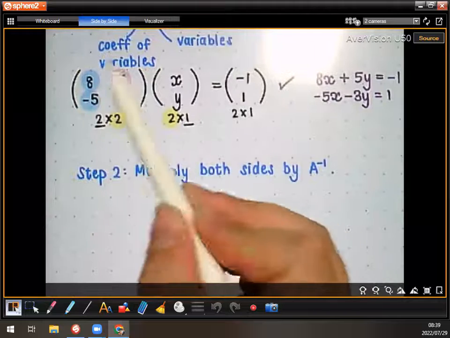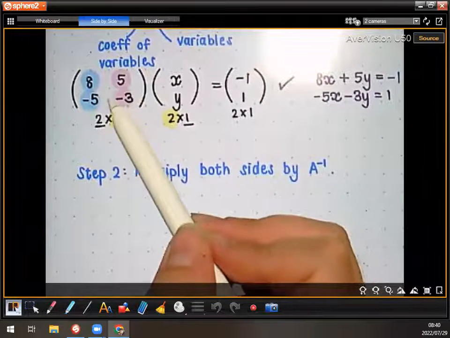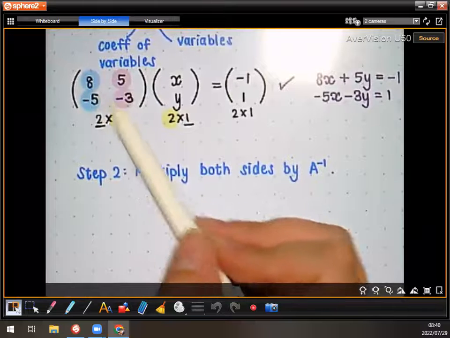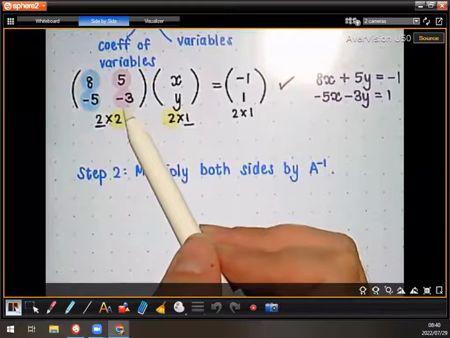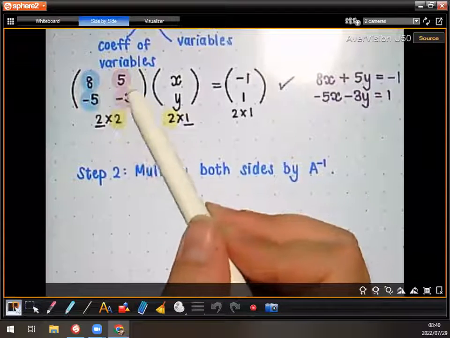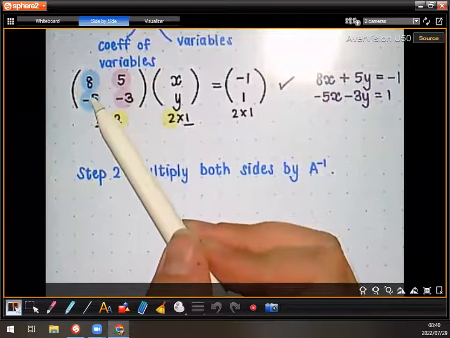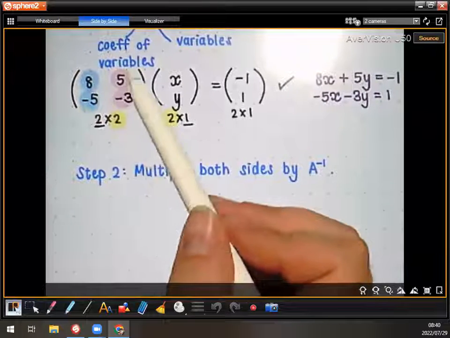Let's quickly find the inverse of this matrix. Here, this is A in our equation. So remember, for the inverse, we do the determinant first. What is 8 times -3? Negative 24. Now we must minus this product. What's 5 times -5?